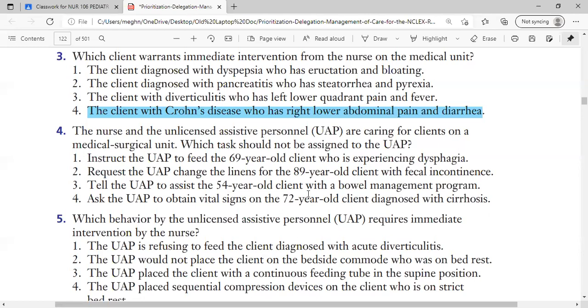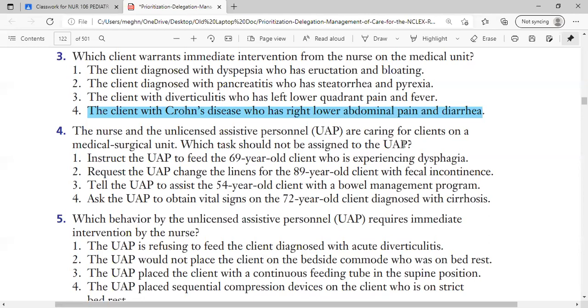So the nurse should not delegate to the UAP feeding a client who is not stable and at risk for complications during the feeding. As a result of dysphagia, we do not give this patient to the UAP.